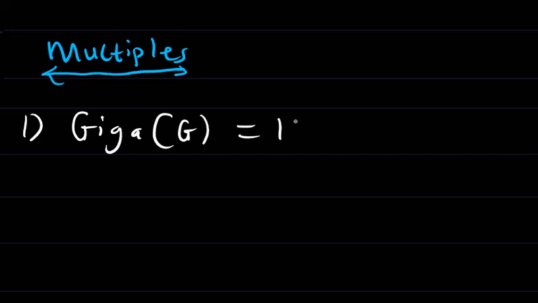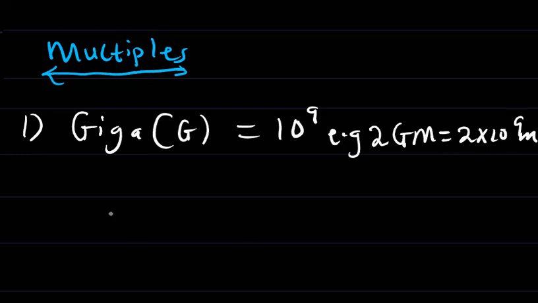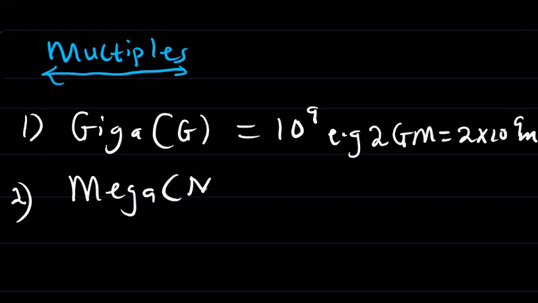This is 10 raised to the power of 9, not minus 9. For example, 2 gigameter is equal to 2 times 10 raised to the power 9 meter. That's what that means. From giga, we have mega, capital letter M, that's 10 raised to the power 6.